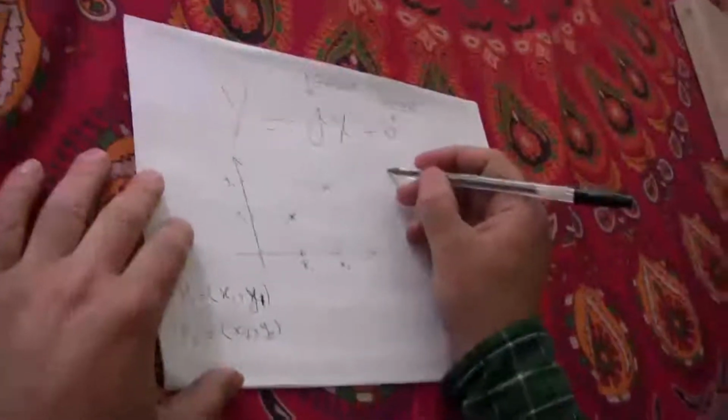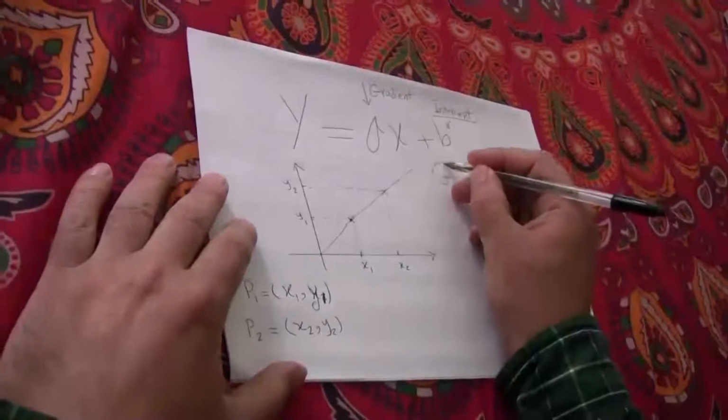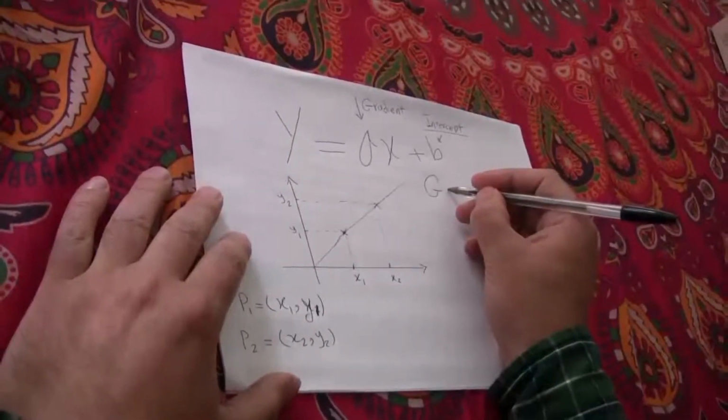You may ask me how we can find the gradient and intercept. There is a formula for finding the gradient and the intercept. I can show you, it's very easy. I can use g for gradient.